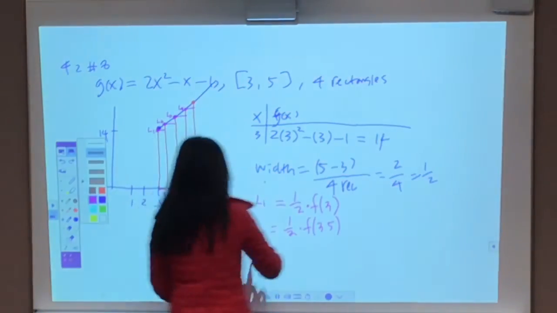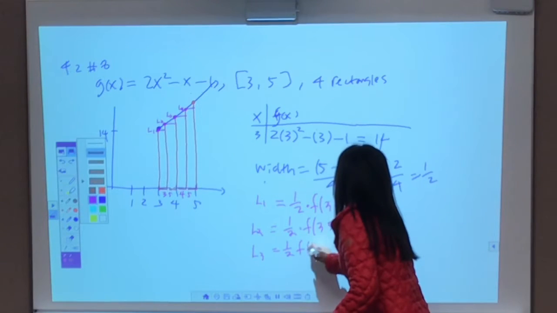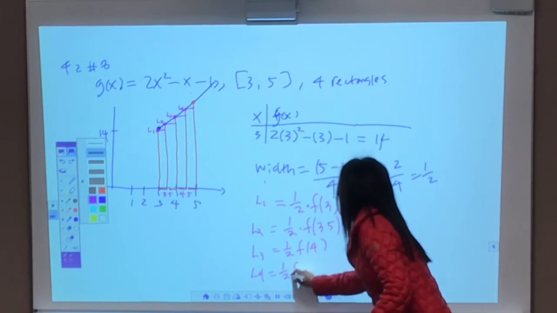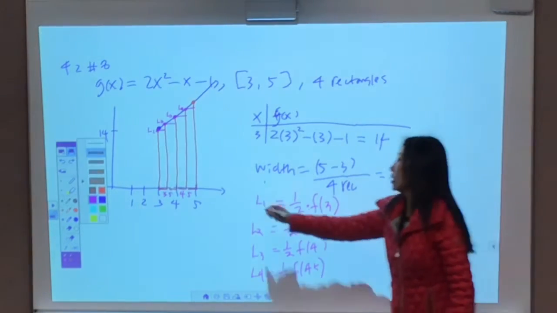What's the third one? Same thing, 1/2 times f of what? 4. What's the fourth one? 1/2 times f of what? 4.5. That's my lower sum.